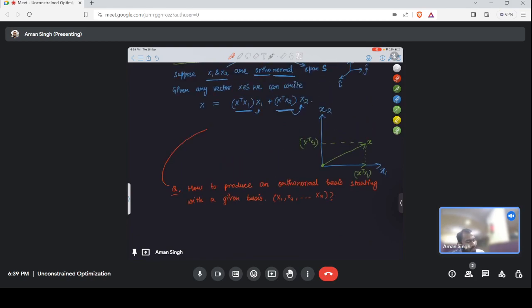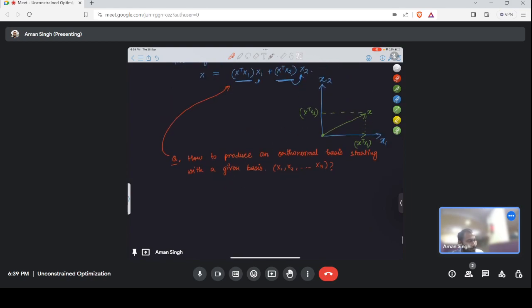Because it is very easy to write any vector x in terms of an orthonormal basis. The way we do it is we follow a procedure called the Gram-Schmidt procedure.